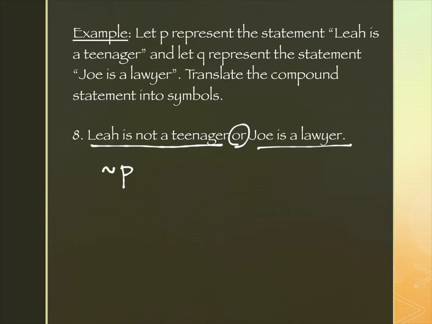How do I write the or? That's a V. And how about the statement, Joe is a lawyer? Just Q. So it's tilde P or Q. Any questions on those? Okay, so your homework in my math lab is going to look just like this. You're going to be going back and forth between the symbols that are being used.